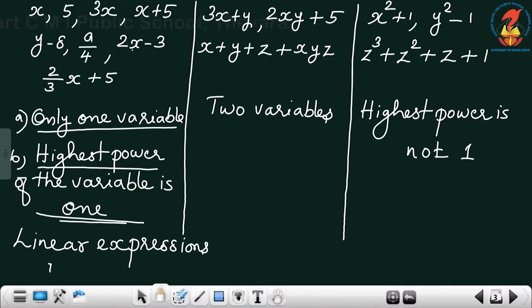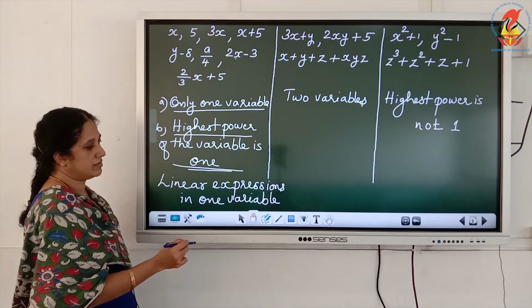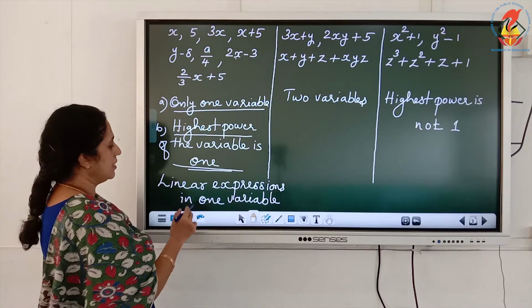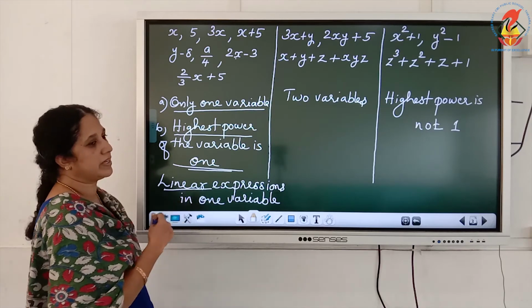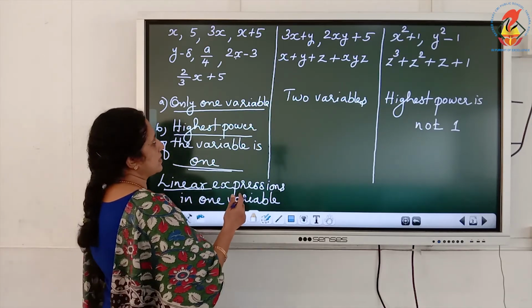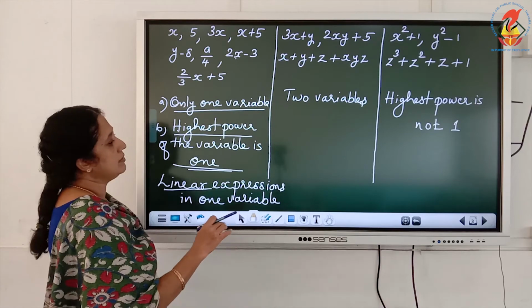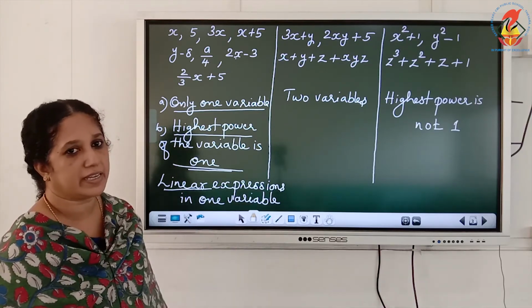We call it a linear expression in one variable. Linear means the power is 1. The highest power of the variable present there is 1. Therefore, we call it a linear expression. So, in this chapter, we are considering only linear expressions.